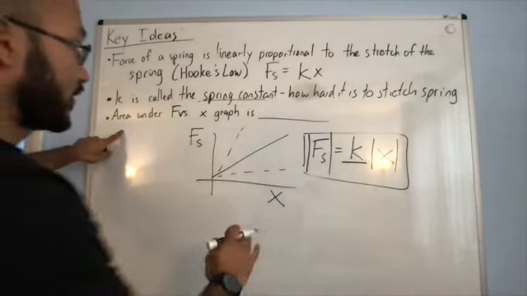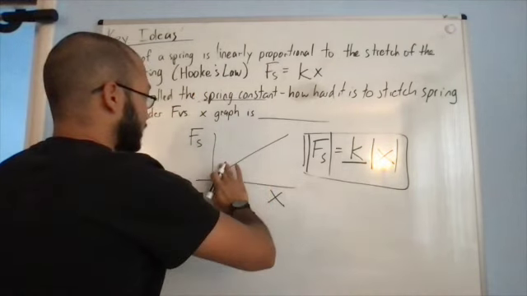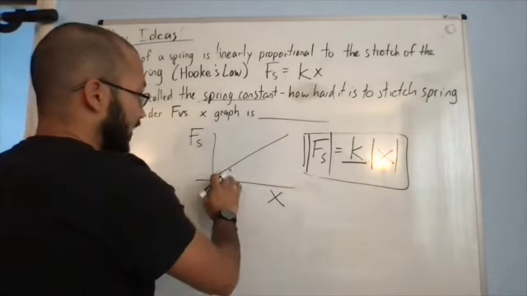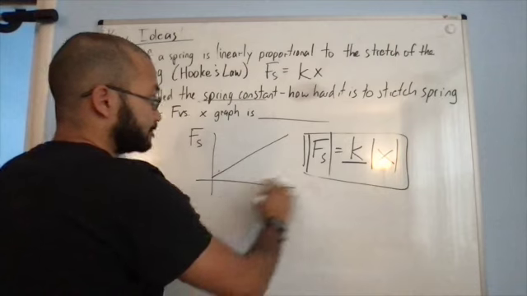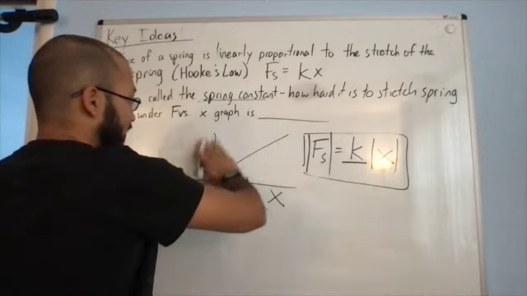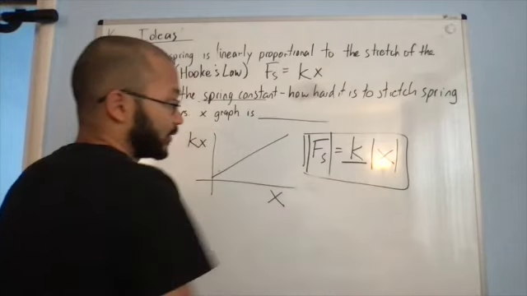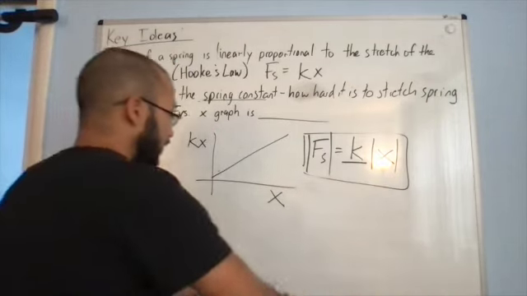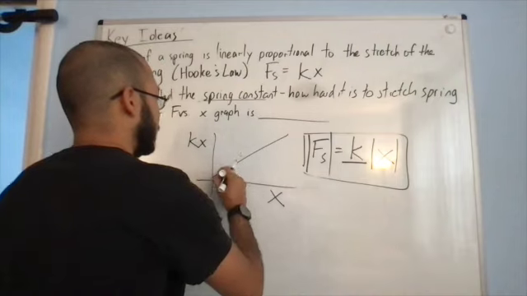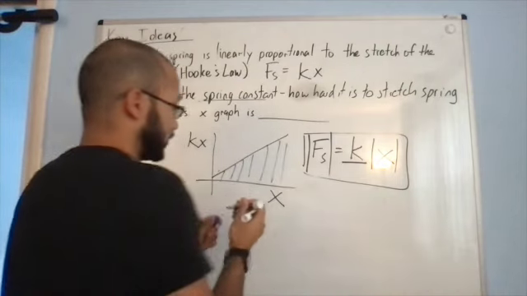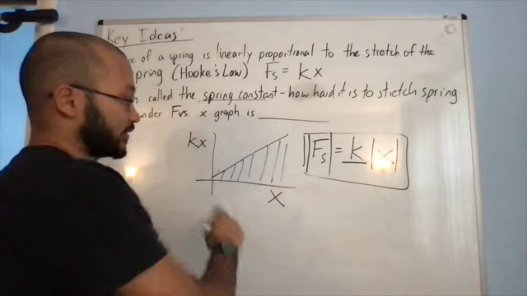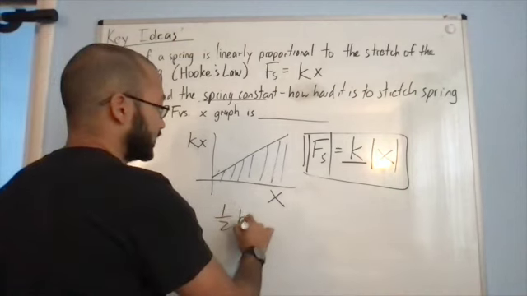Okay, there's one other thing I wanted to highlight on this force versus stretch graph, and it is that if I was to replace this y-axis with this brand new equation I got, the area here is important. This is a triangle, so the area of it is 1/2 base times height.